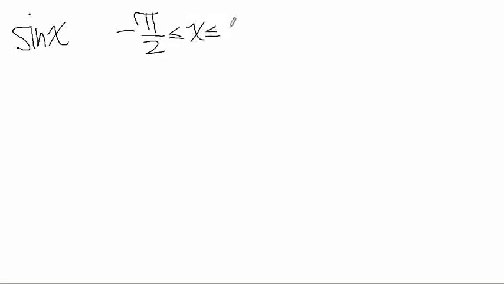Let me now specify the limited domains that are traditionally and commonly used. For the sine function, we restrict ourselves in order to define an inverse to values between minus pi over 2 and pi over 2 radians.